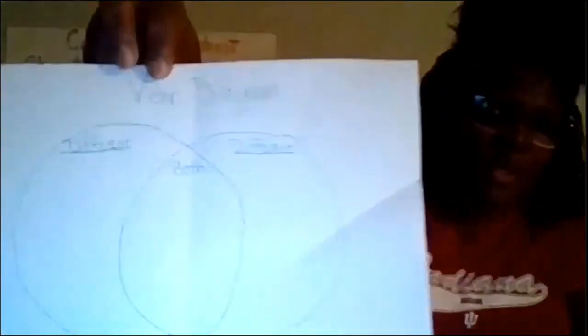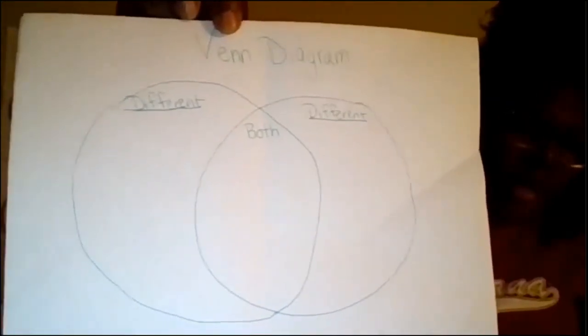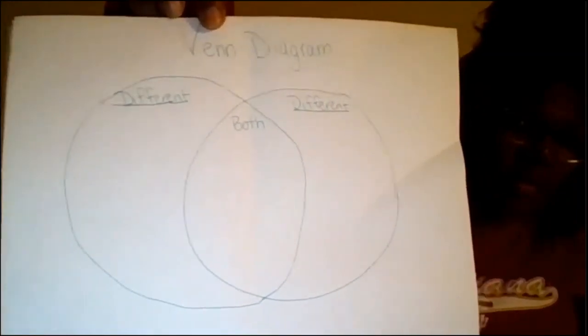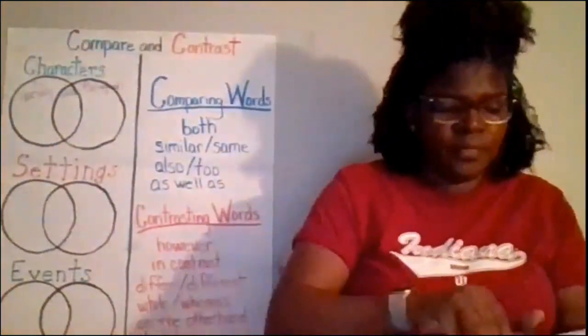Okay, so here is an example of a Venn diagram. Doesn't have to be perfect. Here is our T-chart.